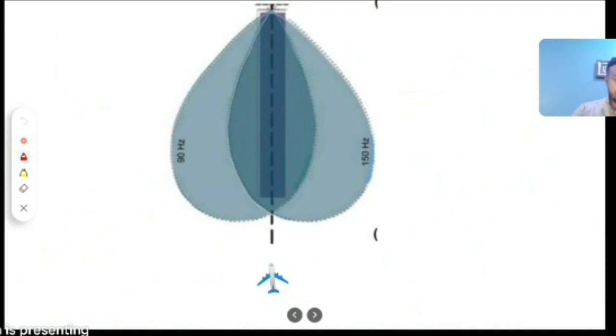There is a modulating frequency of 150 hertz on one side and 90 hertz on the other. Two different modulation frequencies are transmitted at such an angle with respect to the runway center line.